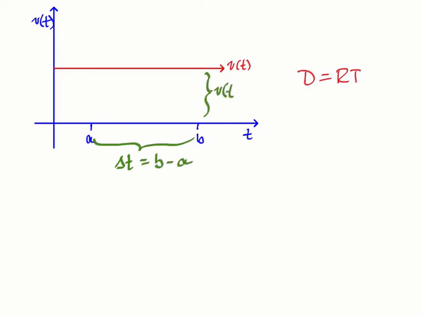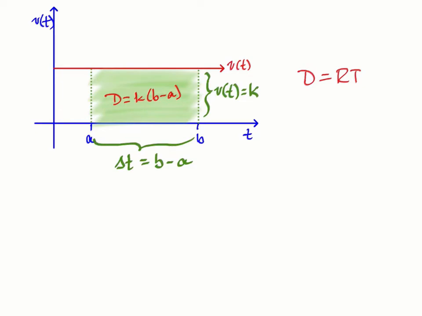And the rate is a constant rate, which is just some number, k. So, for example, 50. And what are we doing? Well, we're multiplying rate times time. Well, we're calculating the area of a rectangle. So that's the distance problem if we have a constant rate. We're just finding the area of a rectangle.